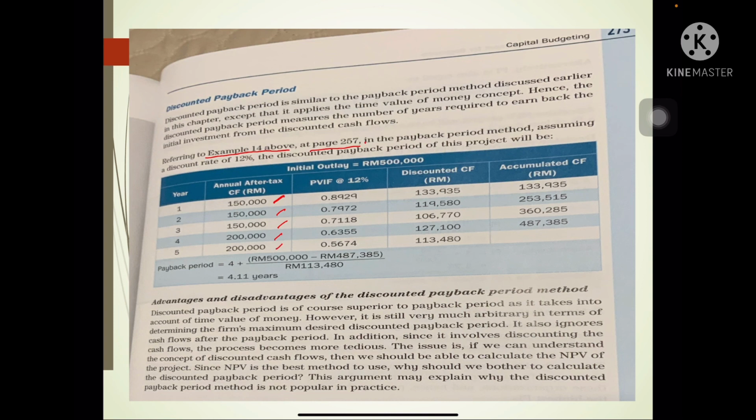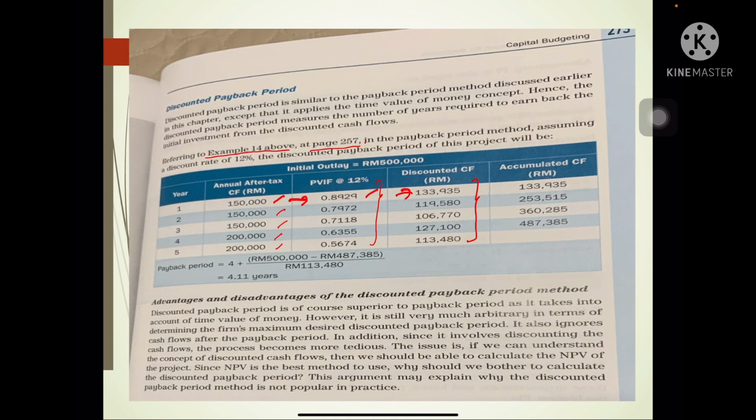We have to use the present value table of a single sum because every year is different. We multiply by this factor to give you the discounted cash flow. So 150,000 times this factor gives you 133,935, and then you do the same until year 5.